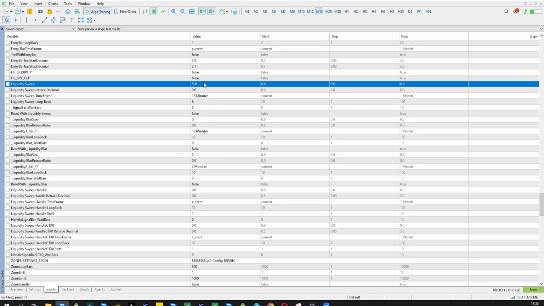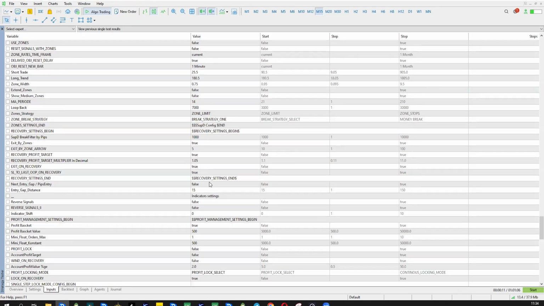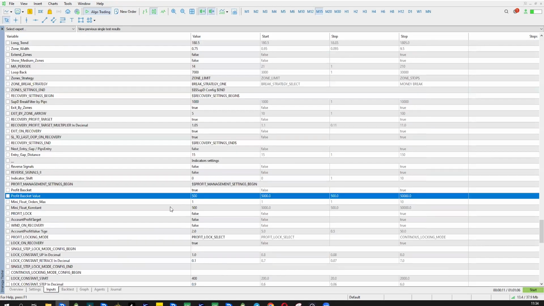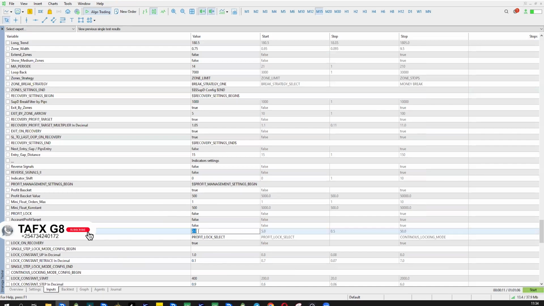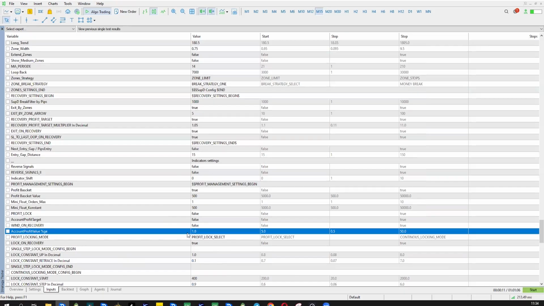Since it's a hedging EA, you don't have to worry about anything, because instead of hitting stop loss, we are going to see how it will work again. If I scroll down here, we work with the target, and we can also have a target in percentage. Every signal here we are targeting 1% of the account.